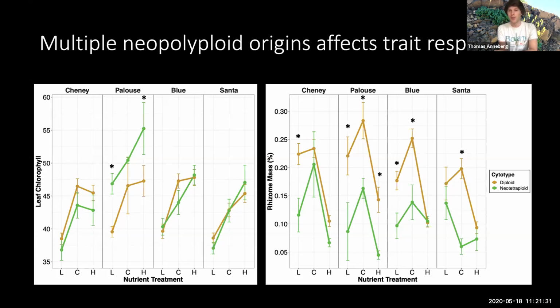And when we look at, say, Palouse, Washington, or Santa, Idaho, there's different reaction norms playing out based on whether you're diploid or neopolyploid. For Palouse, the neopolyploids and the diploids looked pretty in sync. It's just that the neotetraploids were less apt to store more carbon below ground than, say, Santa, where there's some opposing reaction norms going on. So population of origin did have a real effect on some of the trait responses for our plants.